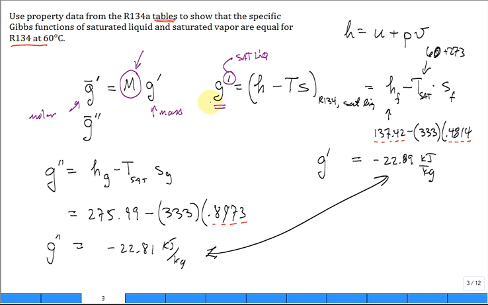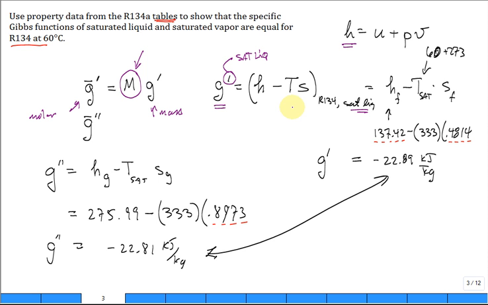So the Gibbs function, refrigerant 134a for the saturated liquid phase, on a mass basis is just h minus Ts. It's just like enthalpy, remember? That was u plus Pv. Well, g is h minus Ts.